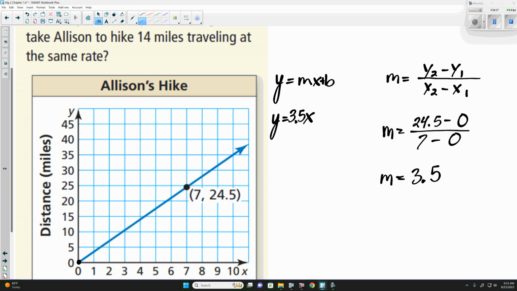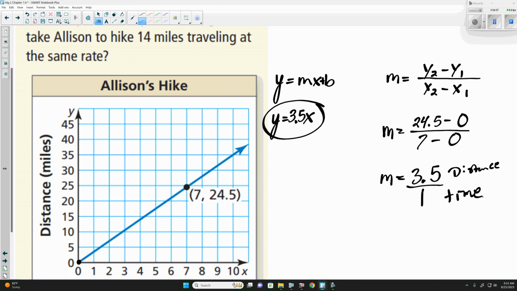So we have the equation of a line. Now we need to interpret the slope. So 3.5 does not have a denominator. So the denominator is understood to be what number? 1. So we could really write it as 3.5 over 1, because the 3.5 is our distance, and 1 is our time.